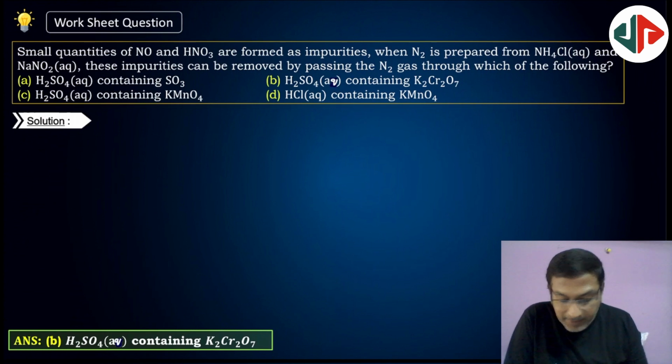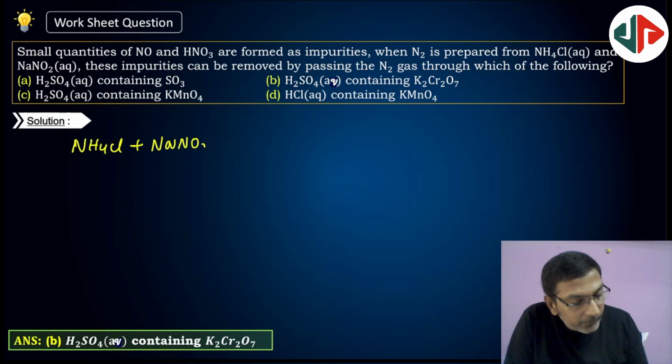First I will write preparation. So NH4Cl plus NaNO2, ammonium chloride and sodium nitrite. First it gives NH4NO2 plus NaCl.